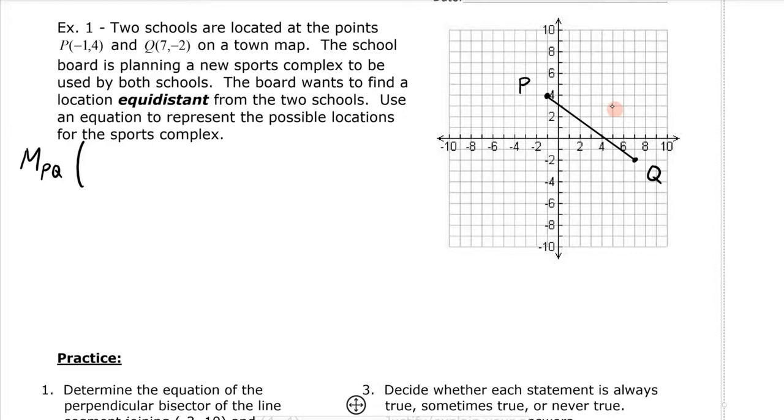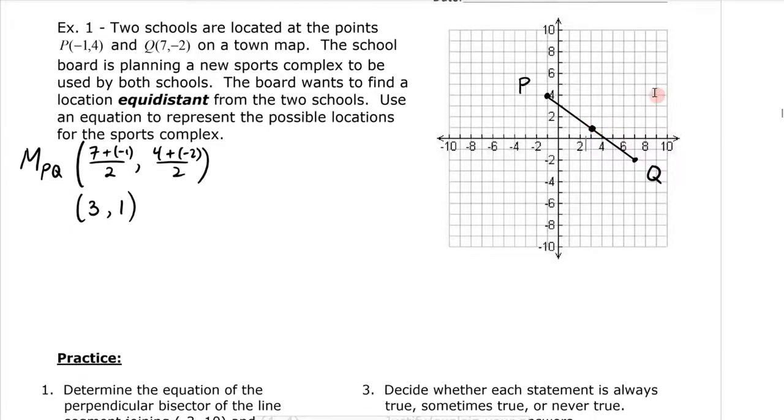So I have 7 plus negative 1 divided by 2, and the y values 4 plus negative 2 over 2, and so the midpoint is going to be 3 on the x variable, and 4 plus negative 2 over 2 would be positive 1. So there's my midpoint at 3 and 1, and I can plot that right here on my graph as well. So here's my midpoint, 3 and 1.